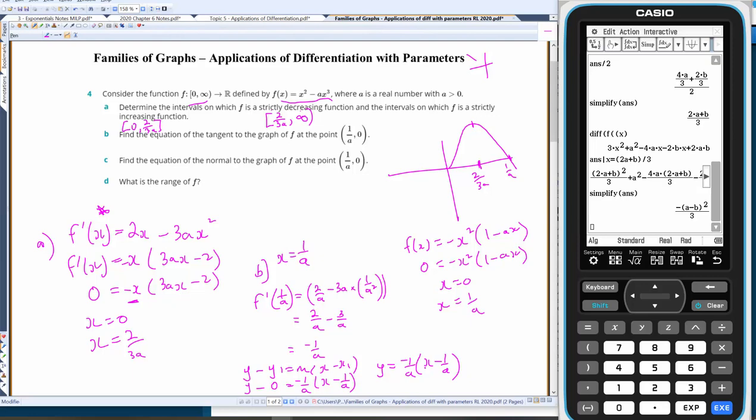That's the equation. Yeah, we're pretty safe leaving it like that, but I don't know. Negative x on A, plus 1 over A squared. So there's our equation of the tangent.